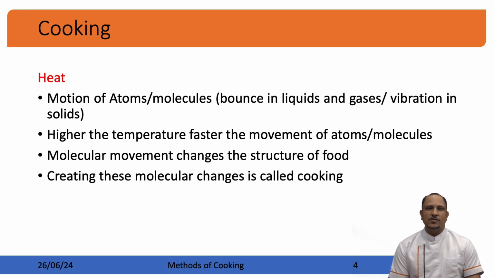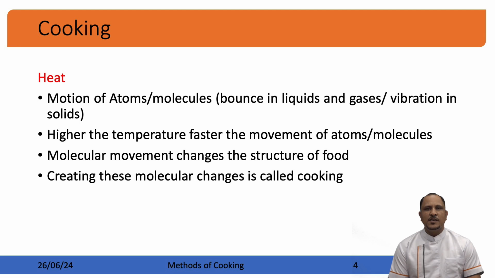While in some solid food, it is very difficult to notice the bouncing of the molecules with the naked eye. But this bouncing of the molecules is due to the transfer of heat, and as these molecules bounce or change rapidly, the physical structure and chemical structure of the food components change, which results in cooked food.